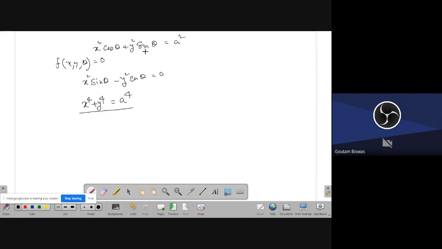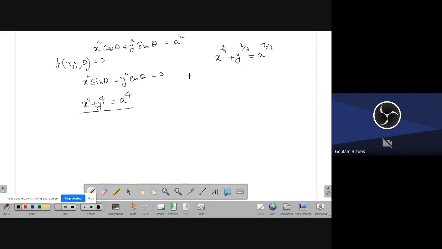This way, I think it is clear. Okay, another equation. Let us consider the curve as x to the power 2/3 plus y to the power 2/3. I shall not do the detailed calculation, I will do the procedure only. Now this is the equation of the curve, and you have to find the envelope of this family of curves, because if you take A, you have to eliminate A from this equation and that equation.